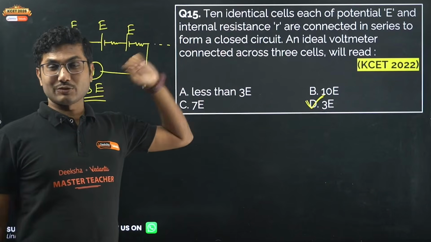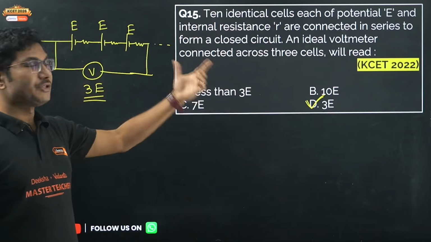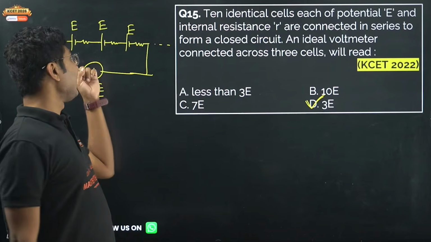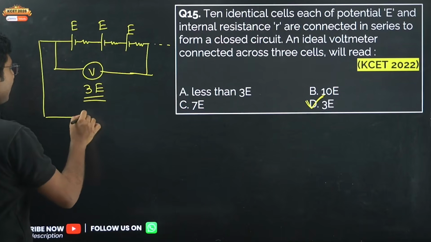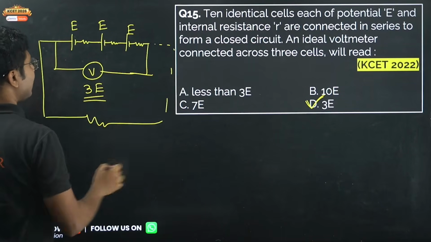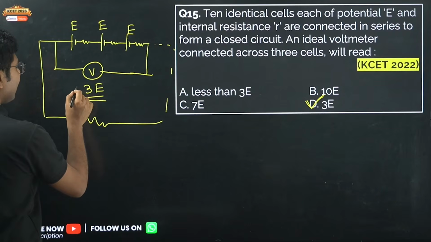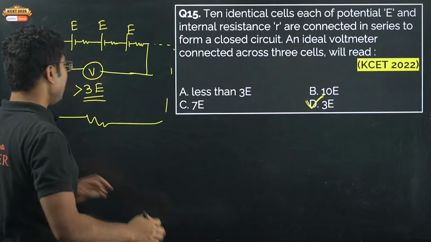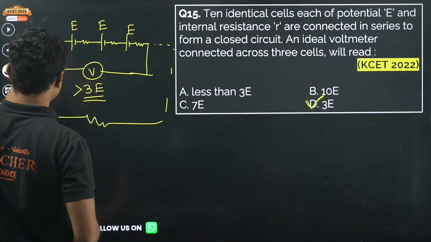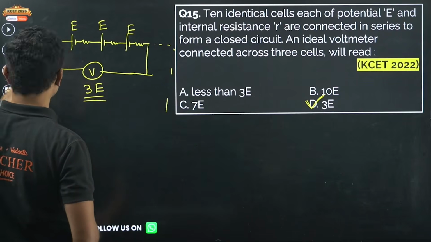It's an open circuit, so current is not flowing, so it will measure 3E. If current is flowing, then you have to subtract the small r's. So if the same circuit is connected across some resistance, then the voltage measured will be less than 3E. Otherwise, if no external resistance, it will be equal to 3E.